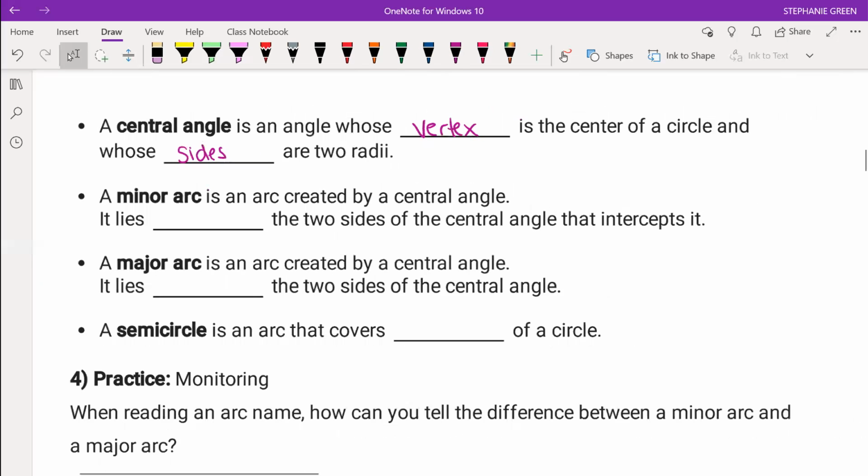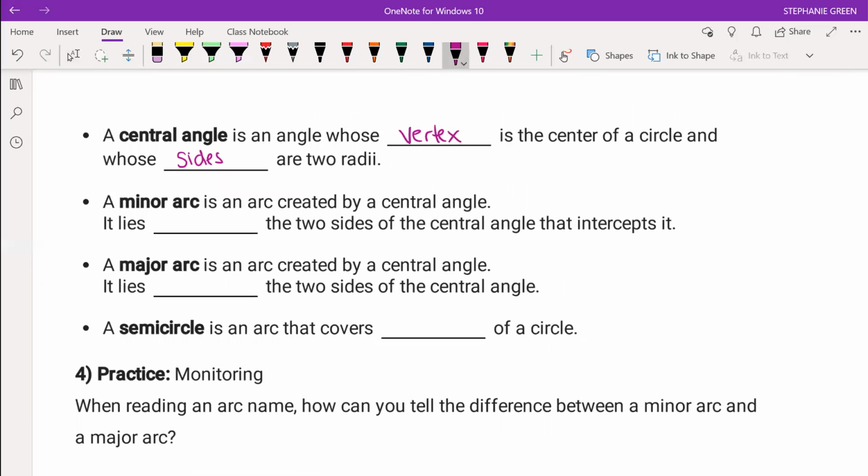So I'll give you an example of a central angle. If I have a circle, and this is the center, then any angle whose vertex is on that center would be called a central angle. So I could label this angle, angle ABC, as a central angle.